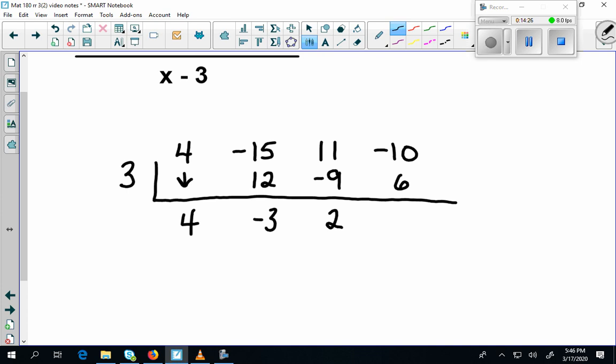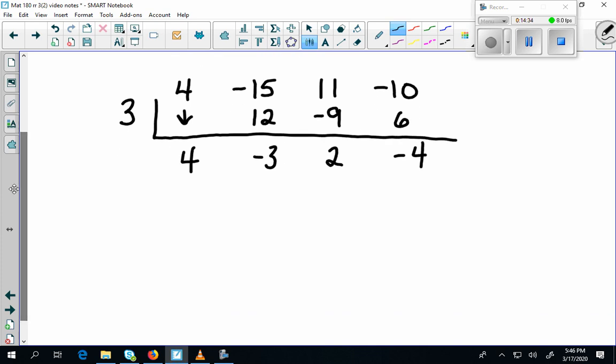You will get negative 4. So that's it. So now you need to figure out how to write your answer. So start at the right and go left, the opposite way that we read. Remainder, then constant, then x to the 1, then x squared.